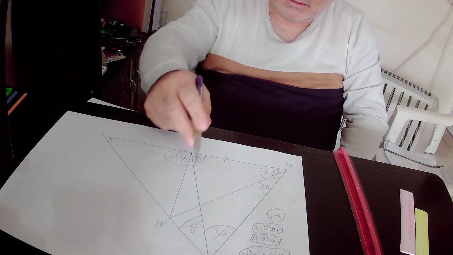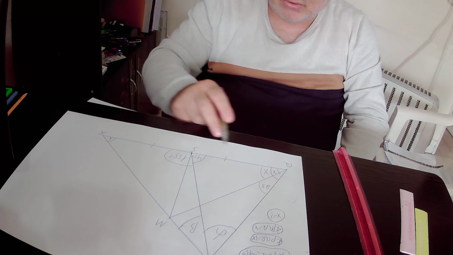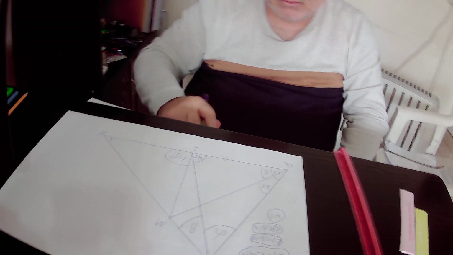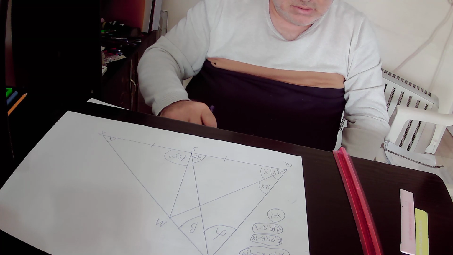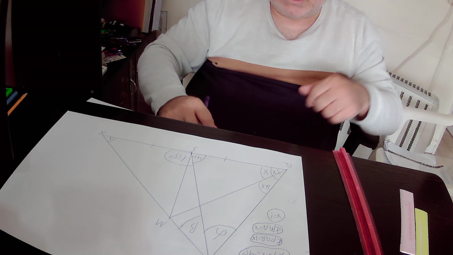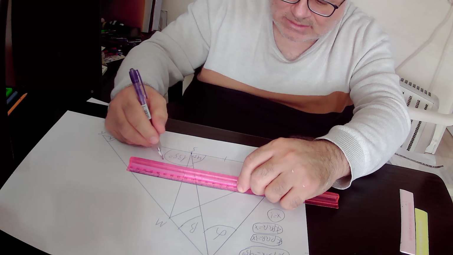Indeed, the median MS bisects the base because QS equals SR, according to what is given. But according to rule number 3, the median to the base in an isosceles triangle is also perpendicular to the base. That is to say, this angle will be equal to 90 degrees.